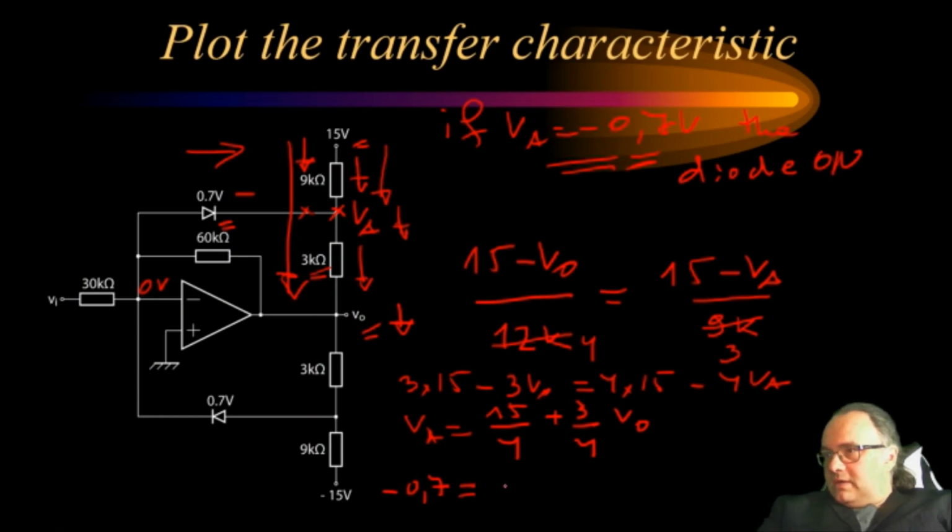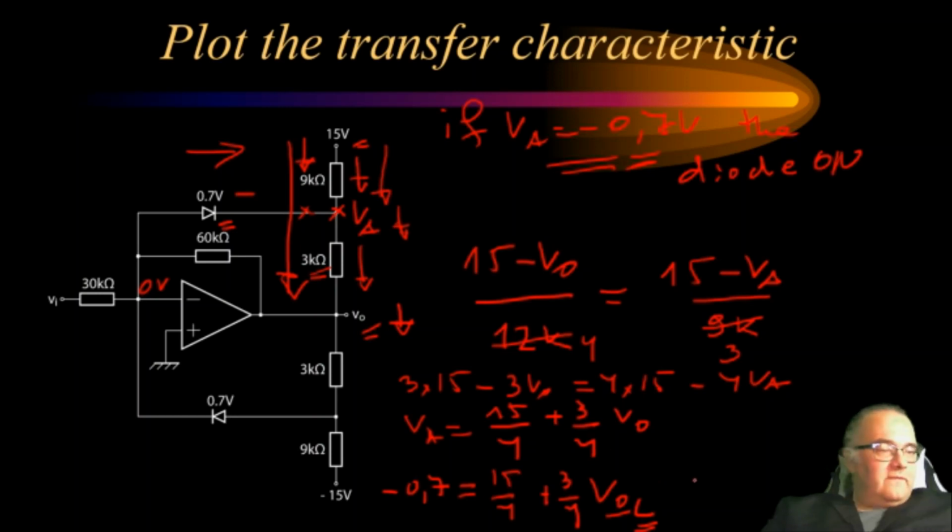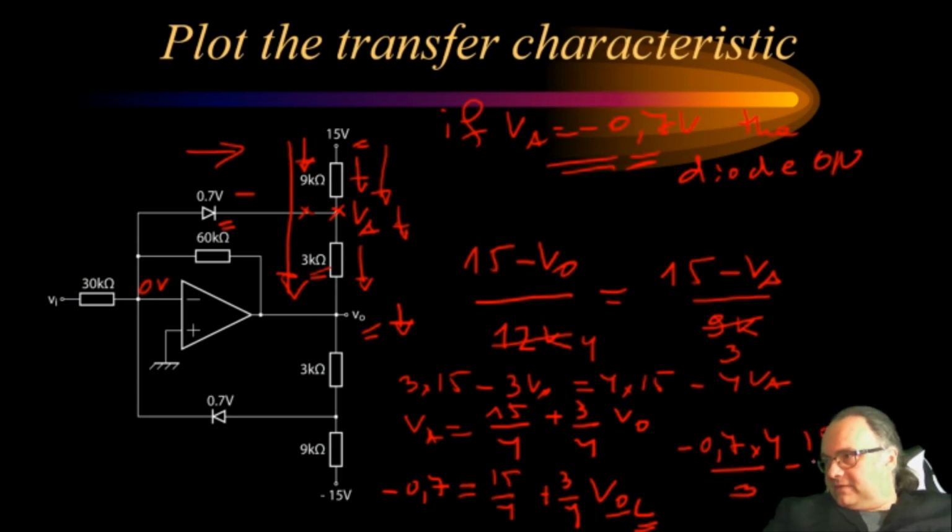Then I will have the V low, the V out limiting level. So this will give me, if I calculate it properly, 0.7 times 4, and then divided by this 3, minus 15 divided by 3 is V out low.